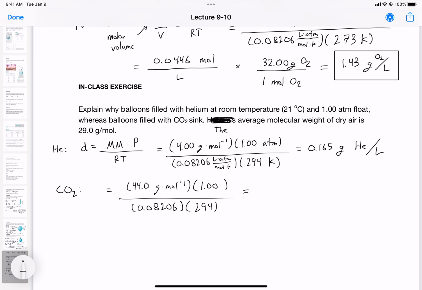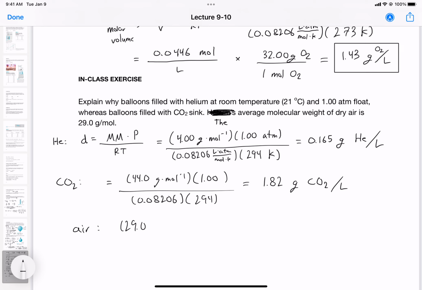So a much higher density than helium. And then if we do the same thing for air, it'll be 29.0 times 1.00 over 0.08206 times 294. And if we do that, we will get 1.2 grams of air per liter.